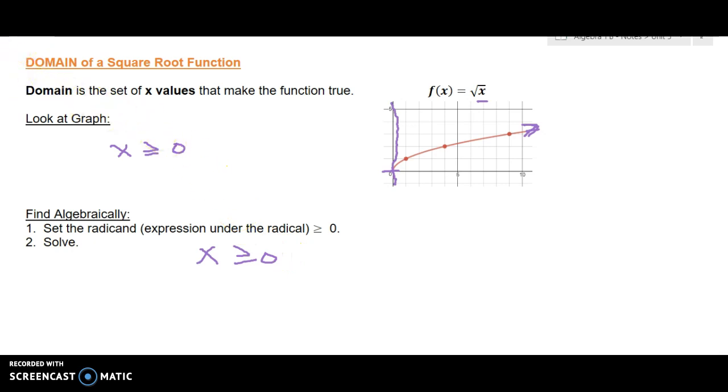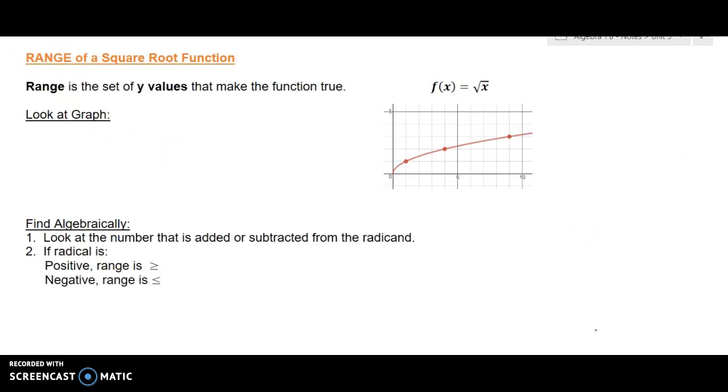So now that we've looked at the domain of the function, let's take a look at the range. So the range of the function is all of our y values. With the range being all of our y values, we are going to look at how tall the graph is.